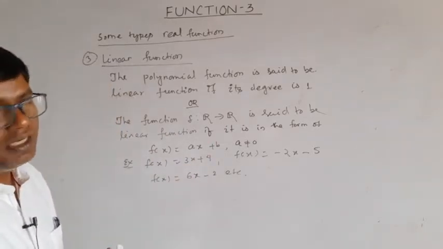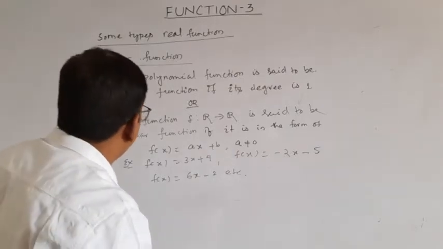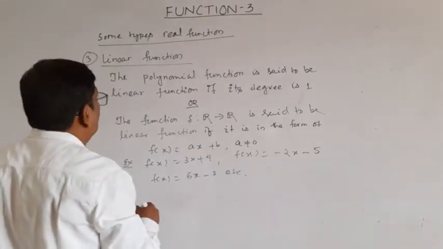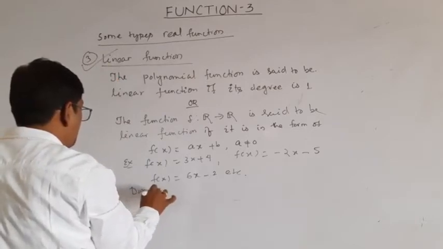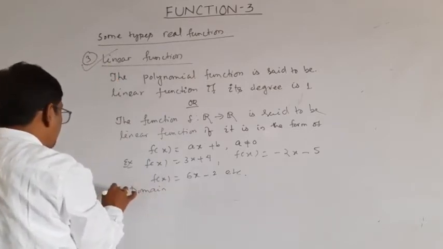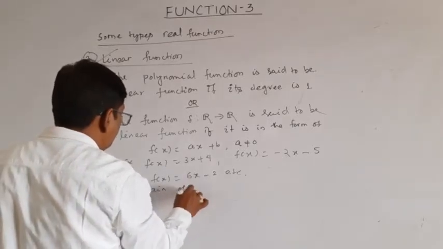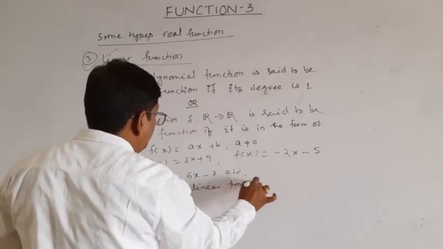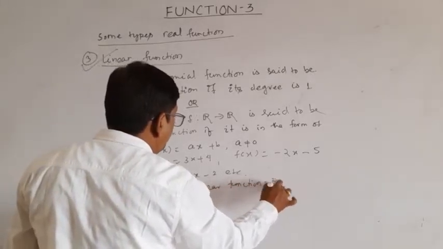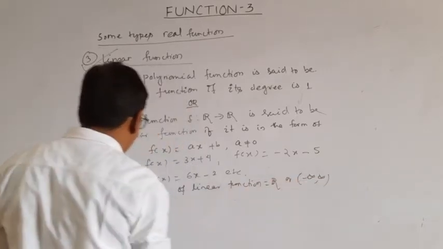And the domain of the polynomial function is always what? Domain of the linear function is equal to the set of real numbers R, or we can write minus infinity to plus infinity.